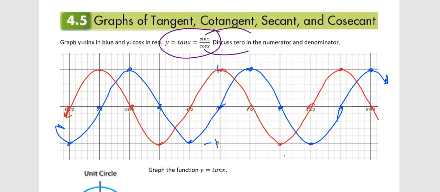whenever 0 occurs in the top, we end up with an x-intercept. So if sine is 0 in the top, just look at the blue graph. The tangent is going to hit the x-axis every time sine does. But every time we get a 0 in the denominator, it creates an undefined situation.